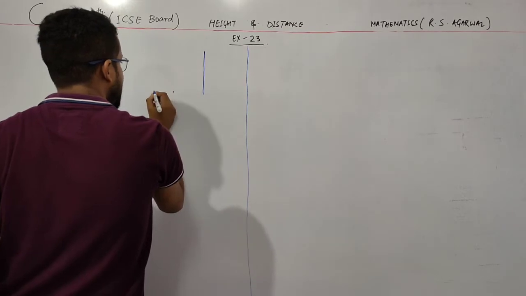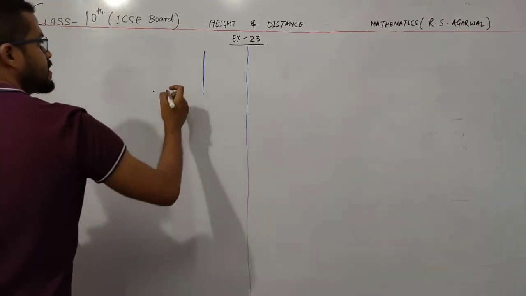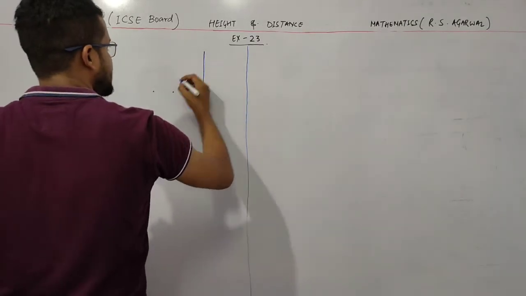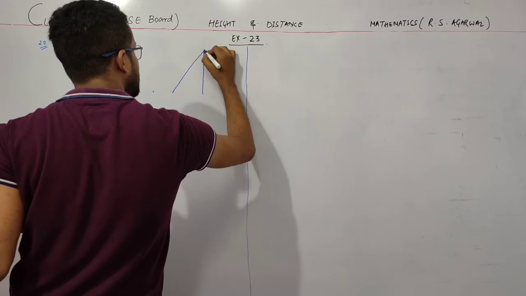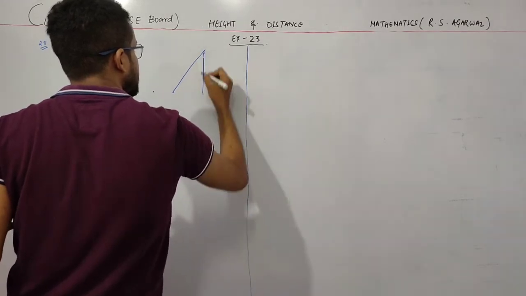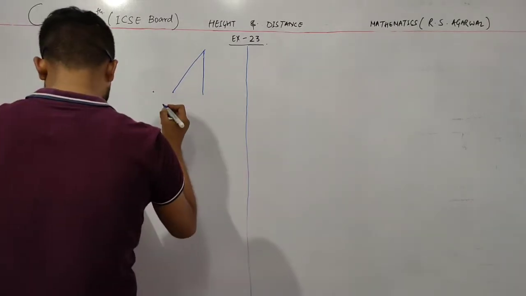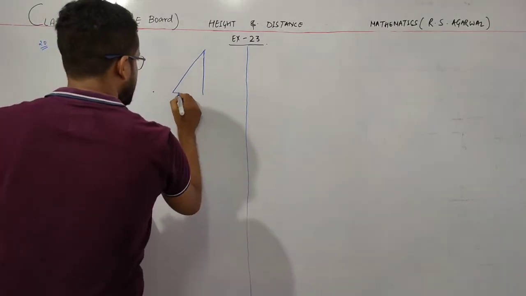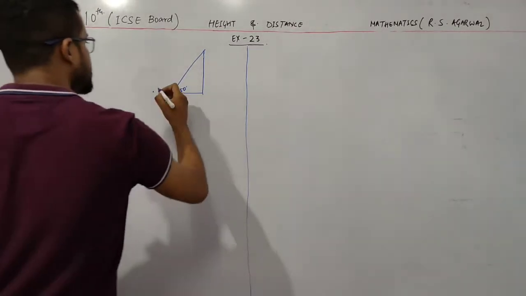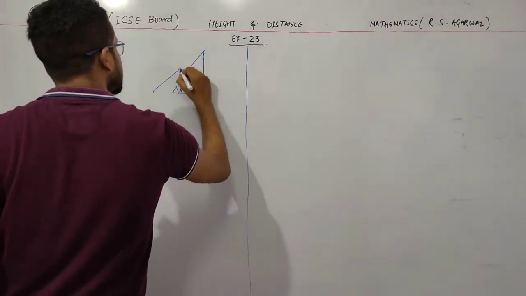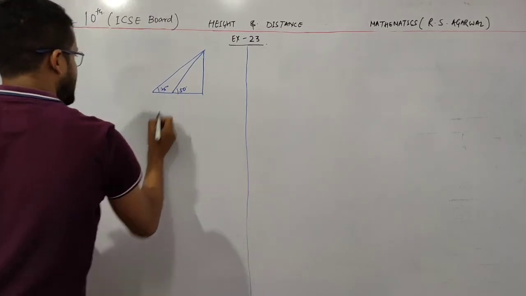Two men are standing in front of the tower, and from this point the first man sees the top of the tower and measures the angle of elevation, which is given as 50 degree, and the other man also sees the tower at an angle of elevation of 25 degree.